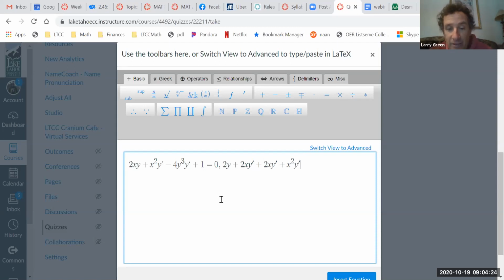That's what we want. Then we have minus the derivative of 4y cubed, which is 12y squared times the derivative of y, which is y prime, so times y prime squared. Any questions so far?